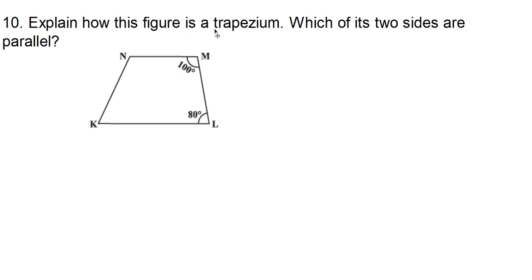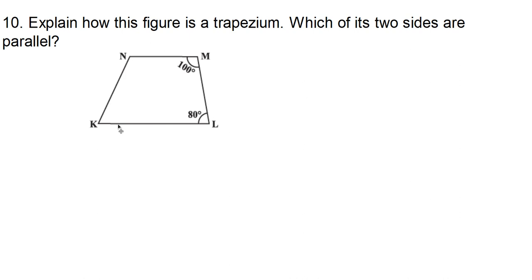Explain how this figure is a trapezium. Which of its two sides are parallel? Here you know angle M and angle L are adjacent angles. You add them. What is angle M plus angle L? It is equal to 100 plus 80, 180 degrees. Since the sum of the adjacent angles is 180 degrees, that means they are supplementary.